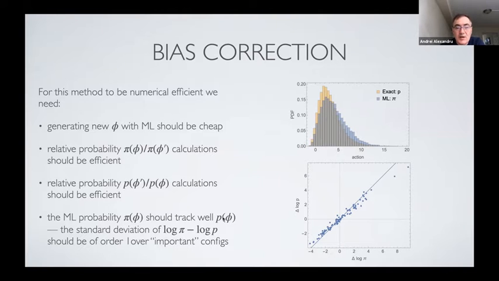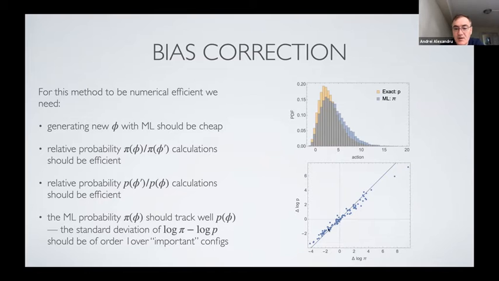One way to look at it, and I'm plotting it here, is to look at how well the probability on the ML machine tracks the probability in the QFT. In particular, you want this divergence or tension between the machine learning and the QFT probabilities to be small when you sample over the important configurations.